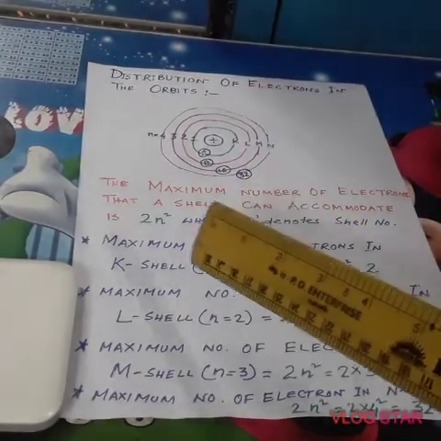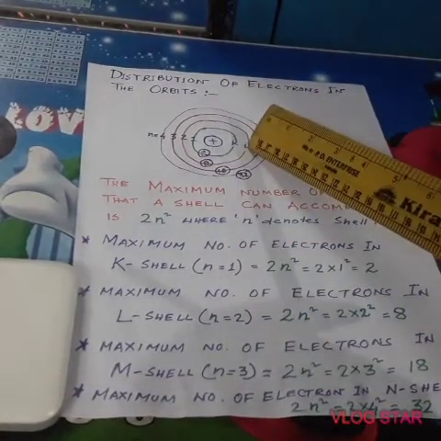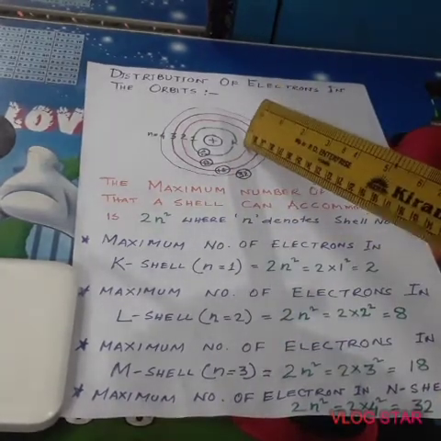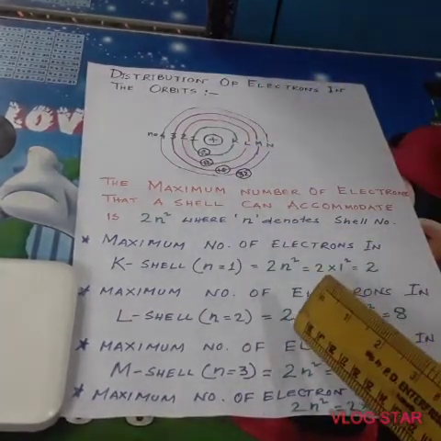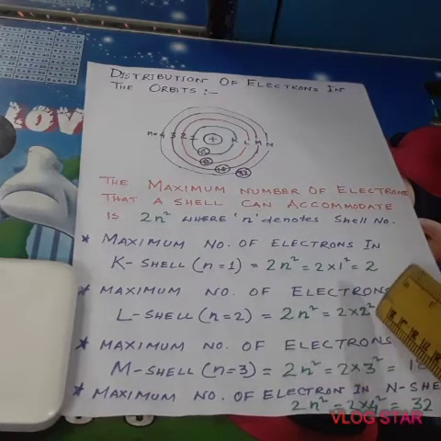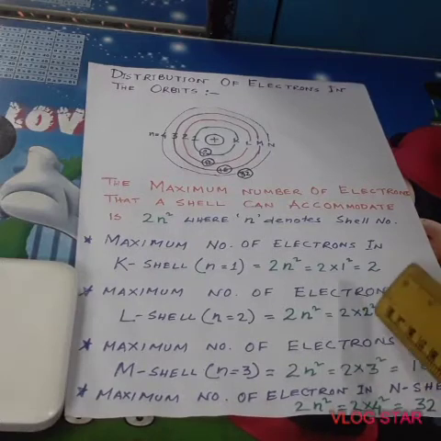Similarly, the maximum number of electrons in the L shell, that means the second orbit, n equals 2. We know the formula 2n square. In place of n, we put 2, square is 4, and 2 into 4 is 8.